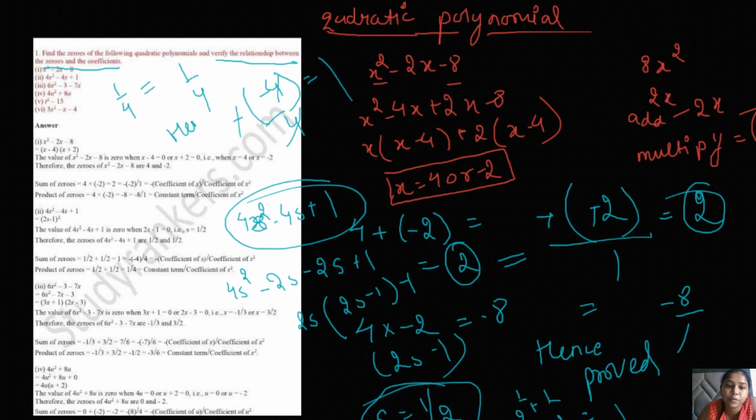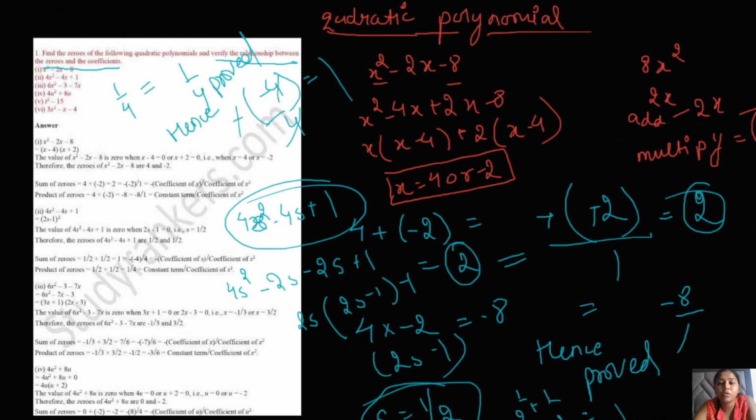I hope this is clear to you, how you can verify and prove that the relationships are equal. You just have to mention LHS equals RHS, and you can do it by finding the zeros, putting the values in the sum of the zeros or product of the zeros, and then equating to the given coefficients.